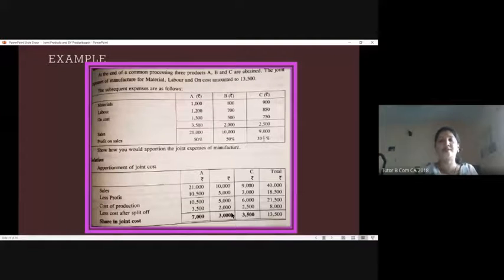Then we discussed the contribution method, which is very easy to remember because in that method we divide the cost into marginal cost and fixed cost. Marginal cost is the additional cost incurred for production of a unit, and fixed cost is nothing but those expenses which will be incurred even if you do not continue with your operations.